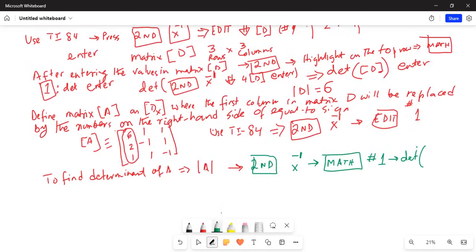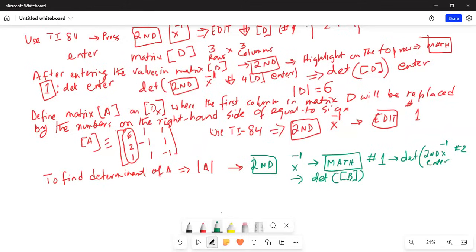Second, X inverse, then scroll down to number 2, which is matrix B, and hit enter. In your calculator screen, you will see determinant, first parenthesis, then the matrix, and then you can put the right parenthesis here.